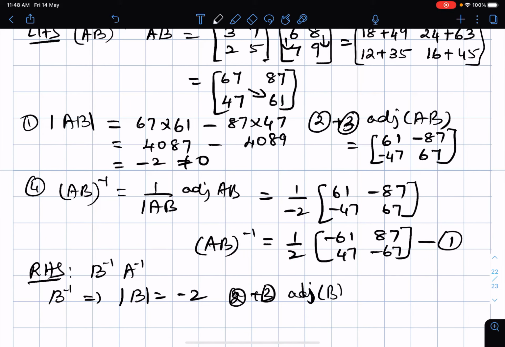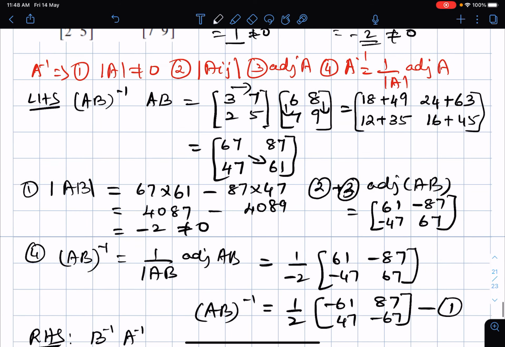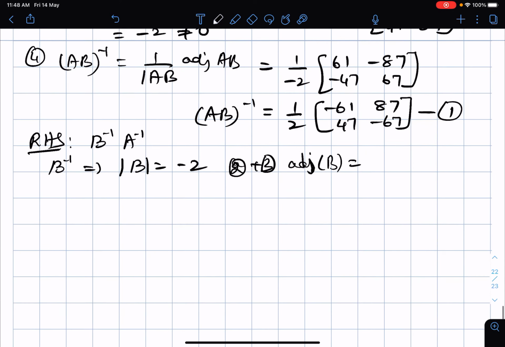adjoint B, isn't it? So this B you can directly write as 6, 8, 7, 9. Your B is 6, 8, 7, 9, and when adjoint you are just going to invert.